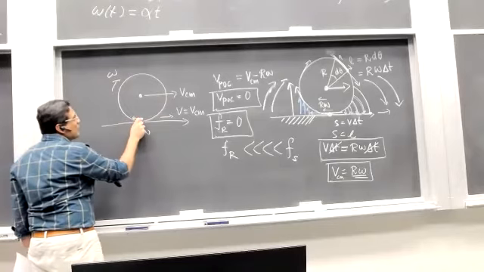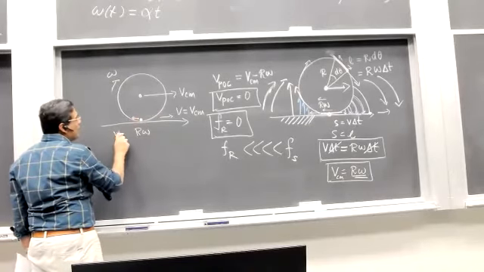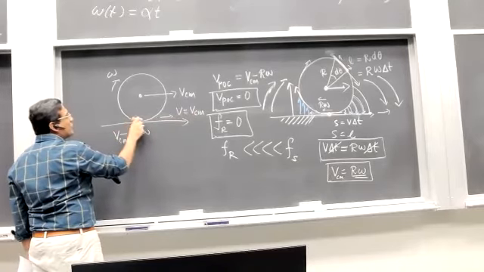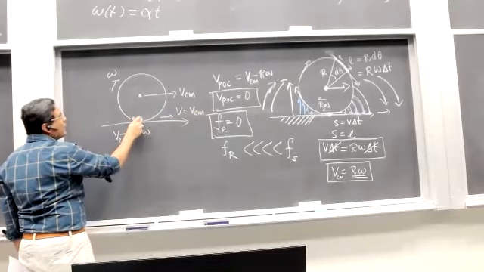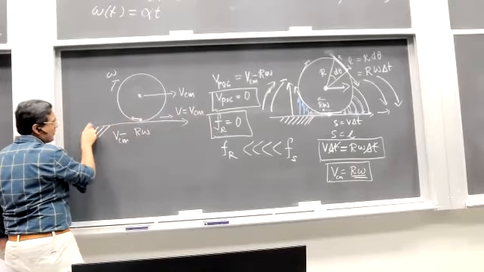Then the difference of these two velocities, VCM minus this motion due to the rolling in this direction, would give me the point of contact's net velocity with respect to ground. Okay. I get it now. Thank you, sir.